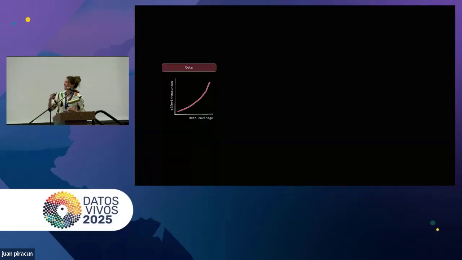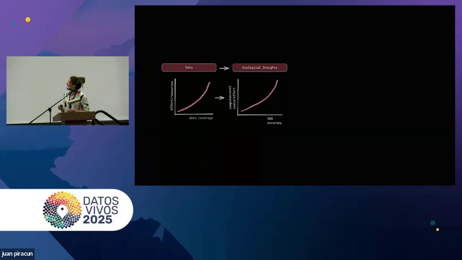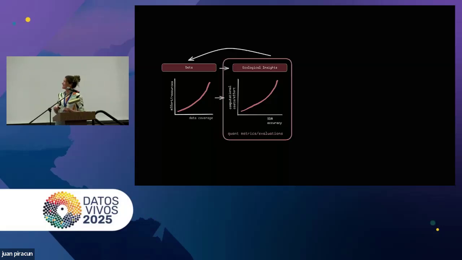So we're often thinking about these ecological insights, and then maybe, as we've heard a fair bit throughout the last session, we can use our understanding of uncertainty in our distribution models or otherwise to potentially inform our data acquisition.